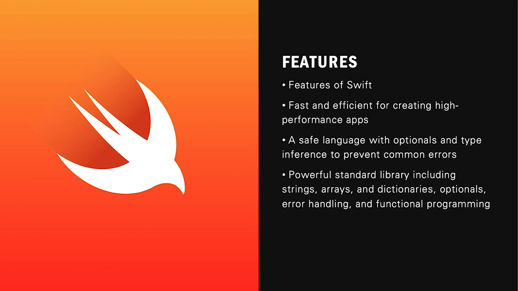Optionals and error handling. Swift has robust support for optionals and error handling, making it easier to write safe and reliable code. Functional programming. Swift supports functional programming concepts like higher-order functions, closures, and map, filter, reduce operations.